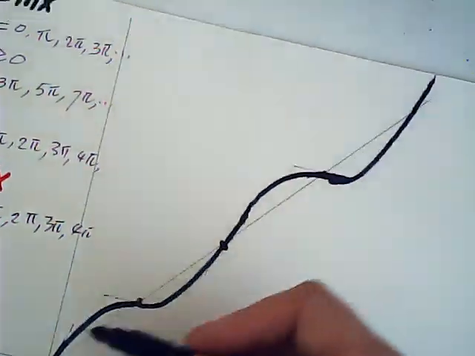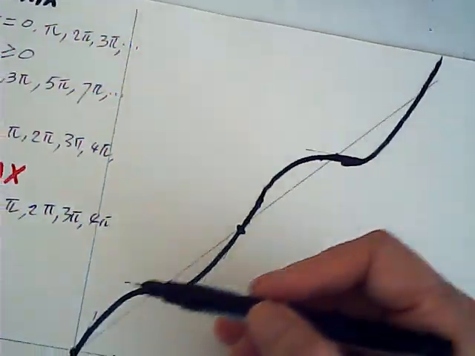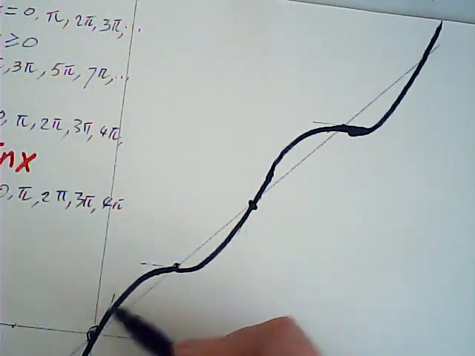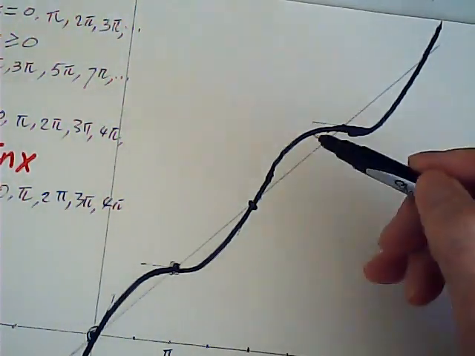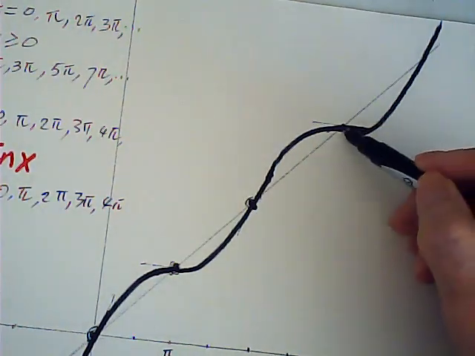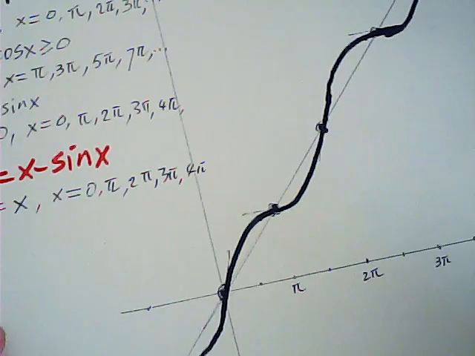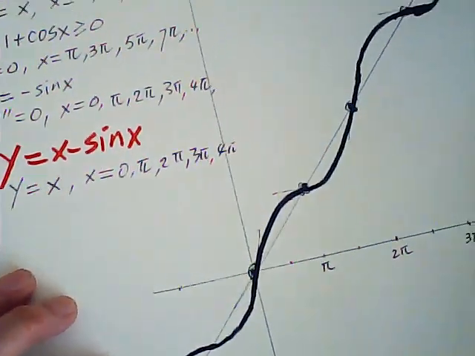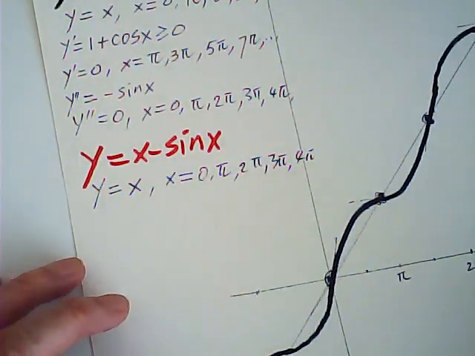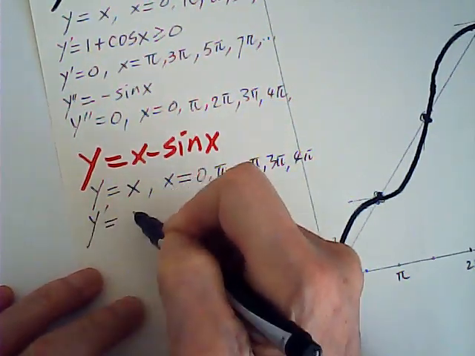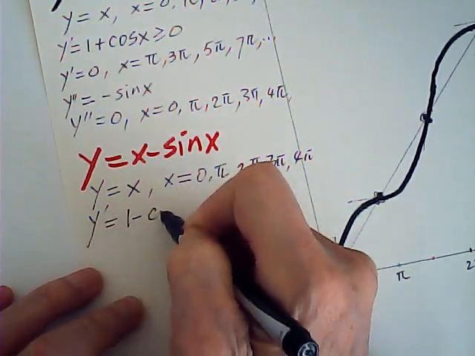So this is a straight line, y equal to x, right? So the curve passes through this point, and this point, and this point, and so on. While curve sketching, we are collecting information, right?